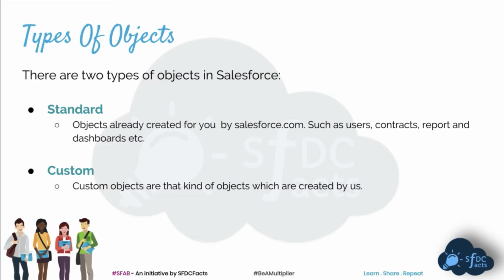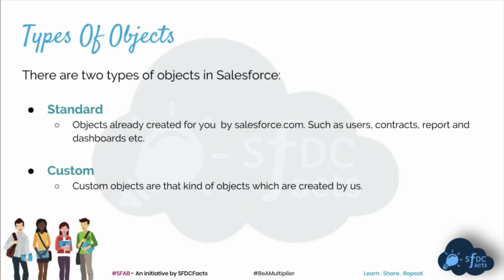This includes standard objects like accounts, contacts, cases, opportunities, and leads. Where Salesforce does not have out-of-the-box functionality that suits your business need, you use custom objects. Custom objects are the ones you create on your own, to satisfy your business needs.